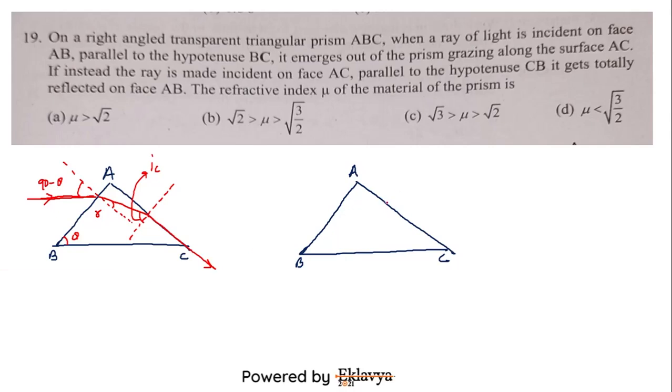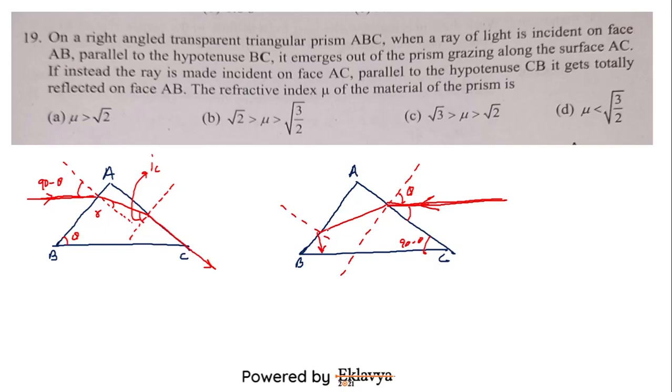It's not drawn straight, but I think we should just work with it. Again we will draw the normal here. This time this angle will be 90 minus theta, so this will be theta. It will again bend towards the normal, and this time the question says that it suffers TIR.